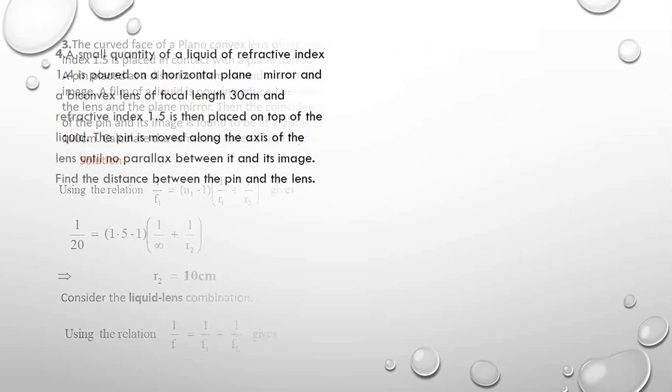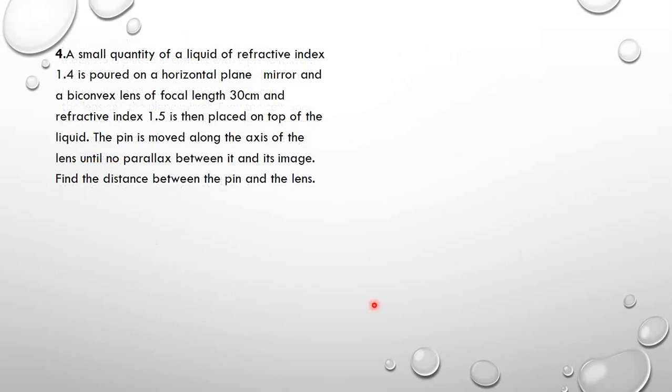Let's look at number 4. A small quantity of a liquid of refractive index 1.4 is poured on a horizontal plane mirror, and a biconvex lens of focal length 30 centimeters and refractive index 1.5 is then placed on top of the liquid. The pin is moved along the axis of the lens until there is no parallax between it and its image.